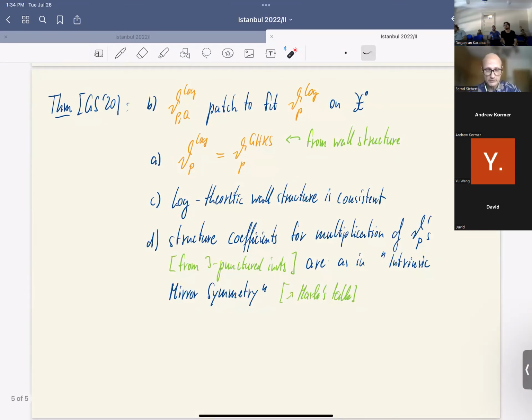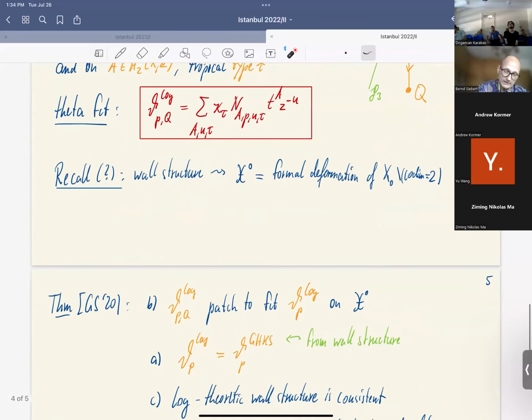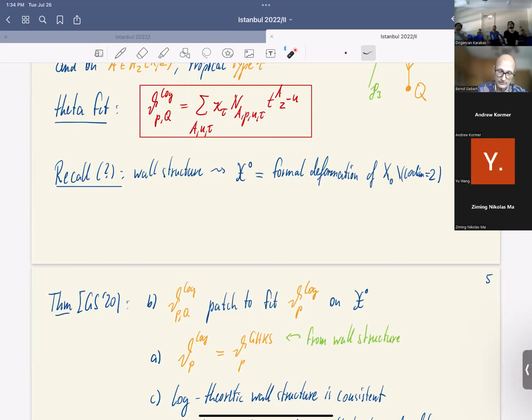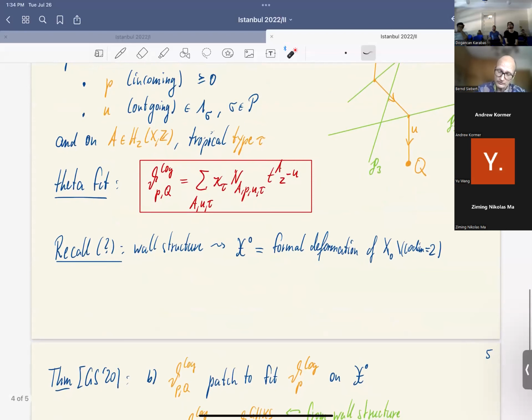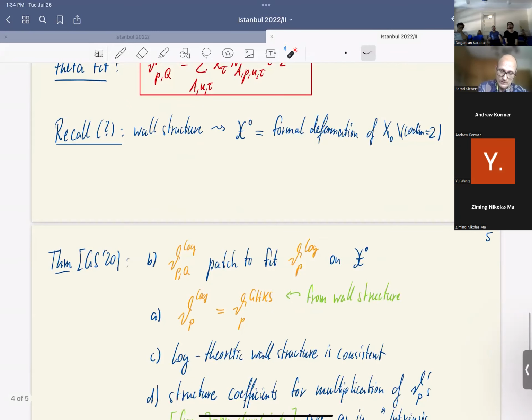So the main theorem then says that all these logarithmic thetas become local functions on affine patches of this guy. They patch to give global functions on curly X0. So these define enumerative or logarithmic theta functions for each contact order on this formal deformation.